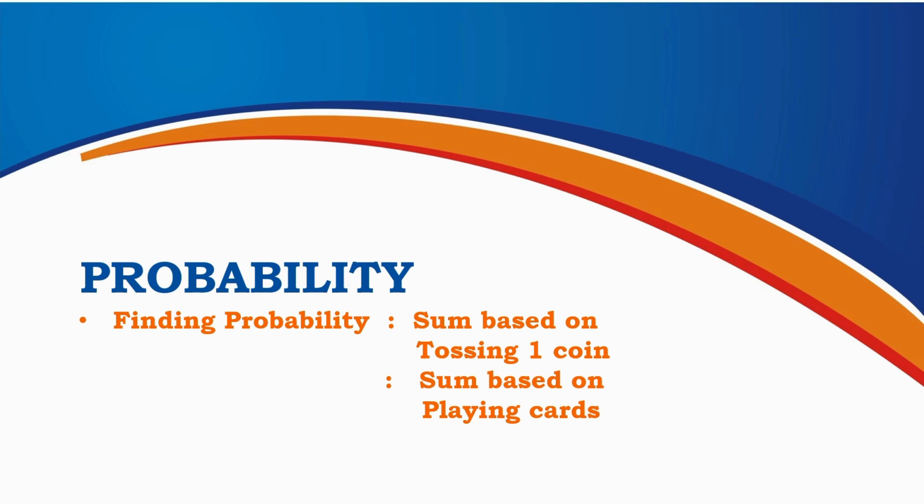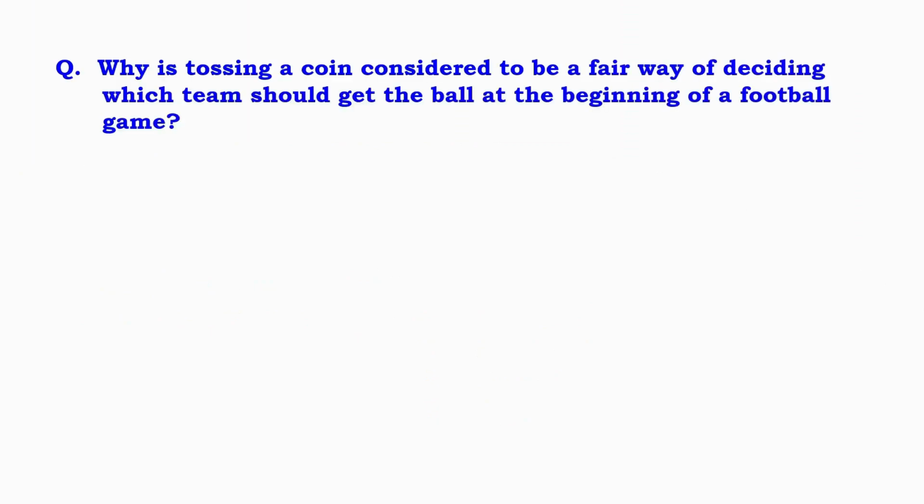Now the next topic is finding the probability of sum based on tossing one coin and sum based on playing cards. So the question is, why is tossing a coin considered to be a fair way of deciding which team should get the ball at the start of a football game?